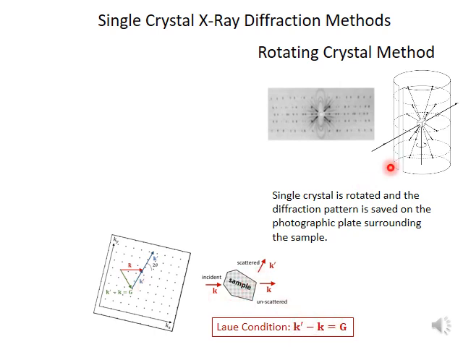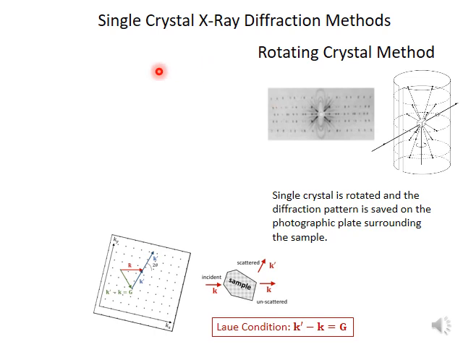So the Laue condition is satisfied by rotating the crystal. At a certain rotation angle you might satisfy this Laue condition for a specific g vector, and at other specific angles you might satisfy it for other g vectors. So when you have exhausted all the angles, you would get a complete diffraction map.